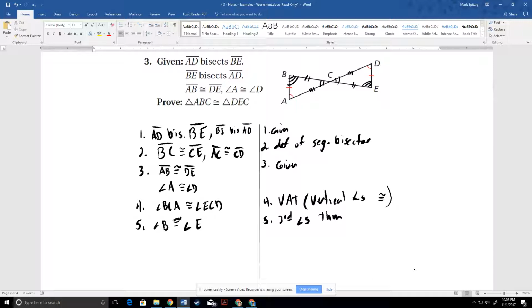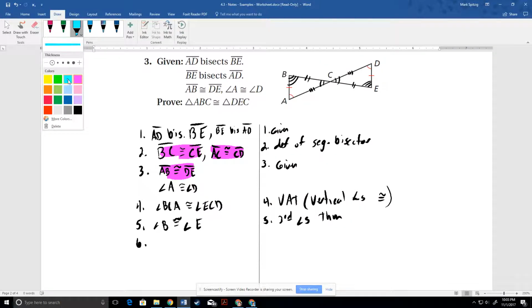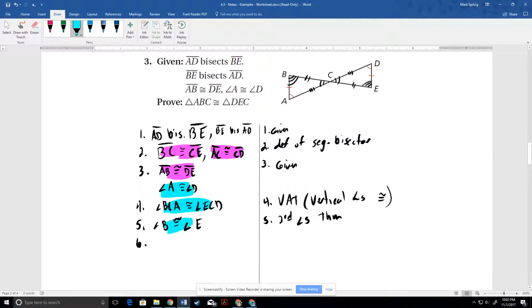And so now we're at the step where, if I keep track, I can say, look, we have a side. Oh, let's do all the sides first, right? So we have one set of sides here, another set of sides here, and the third set of sides right there. And then we look at the angles. So I have 1 pair of angles, 2 pair of angles, 3 pairs of angles. So we have all 6 parts congruent.